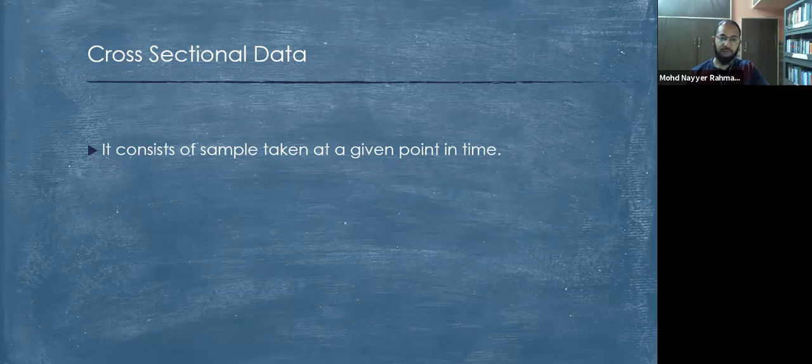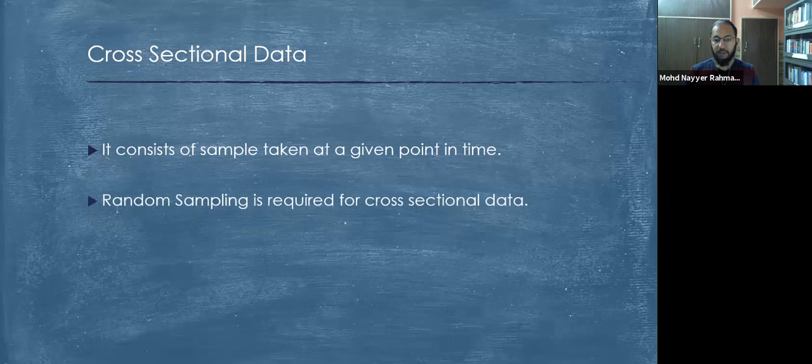How can you remember what cross-sectional data is? Cross sections means we have different units of observation, but they are emerging out of a single point of time. That is what cross sections is. Okay, so this is what cross-sectional data is. For cross-sectional data, generally you require random sampling, because in order to have a strong data type, we need random sampling.